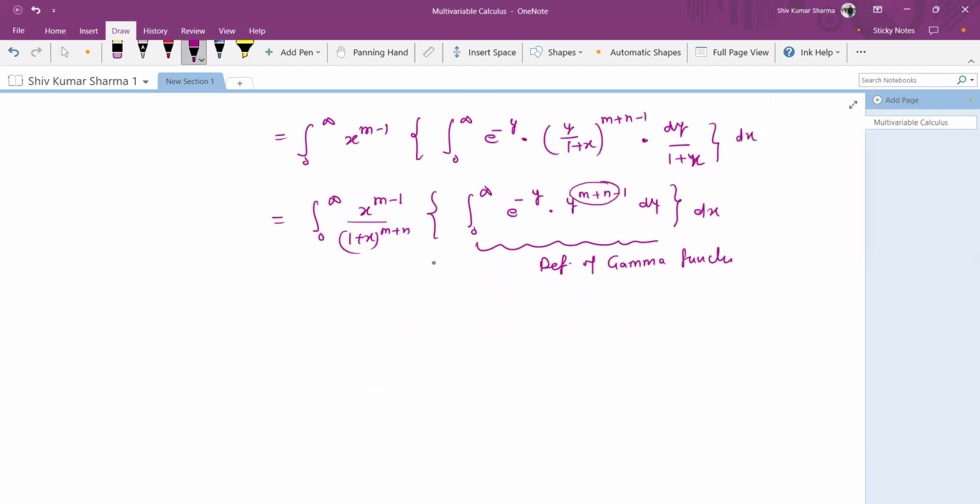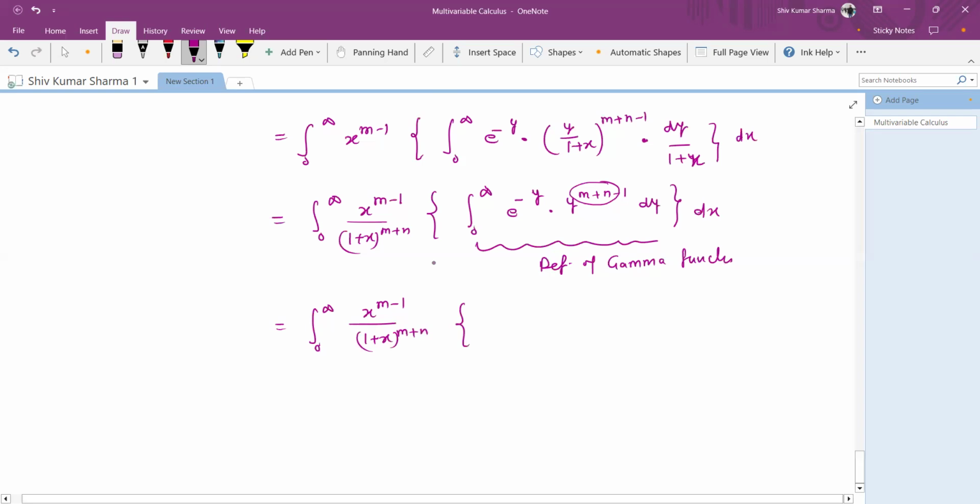So we write this as the integral from 0 to infinity of x raised to the power m minus 1 upon (1 plus x) raised to the power m plus n into dx. This value is equal to gamma m plus n. So gamma m plus n is taken outside, and this can be written as the integral from 0 to infinity of x raised to the power m minus 1 upon (1 plus x) raised to the power m plus n into dx.